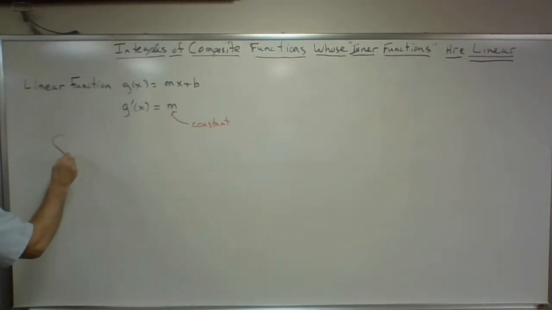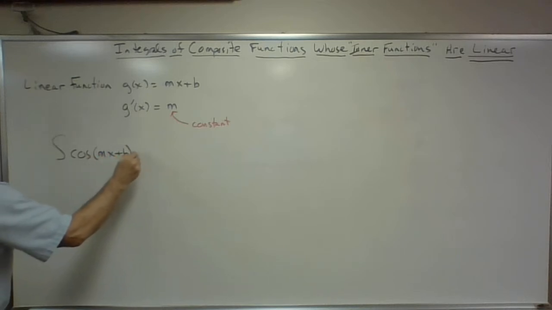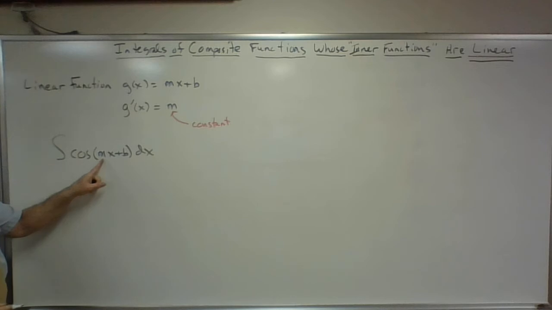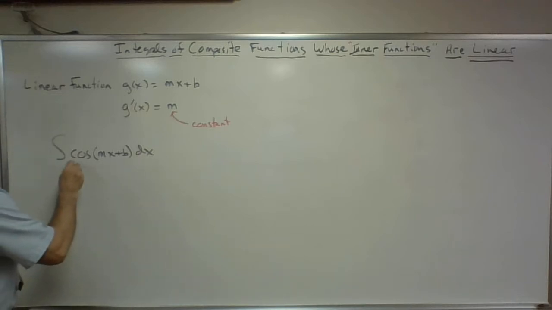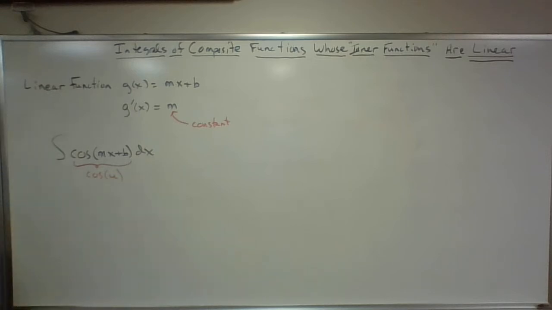For example, let's say that we have the integral of cosine of mx plus b. m is a constant, b is a constant. Well, we look at that and we say, this is the cosine of u, where u equals mx plus b. du dx equals m, so du equals m dx.